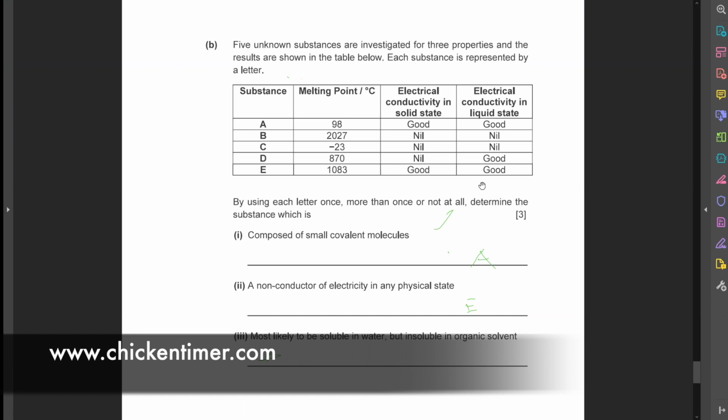Part B. I would like to go through the physical properties of ionic and covalent compounds again. Okay, so it's like this. We have two kinds of compound in your syllabus. One is the ionic compound and two is the covalent compound. The ionic compounds are usually made up of non-metal and metal elements.